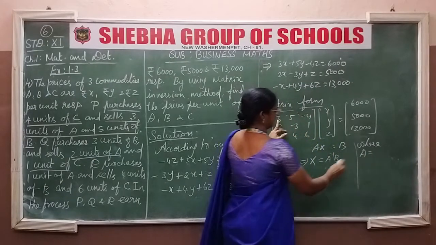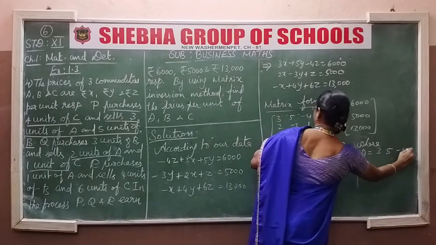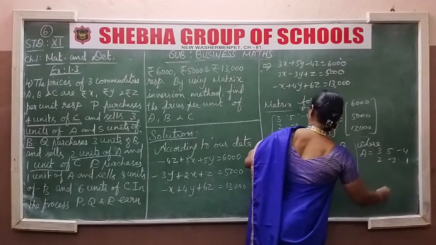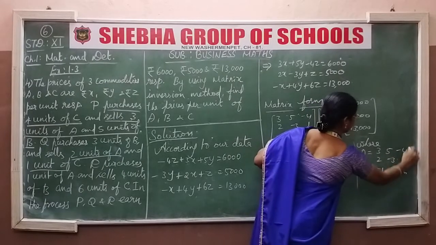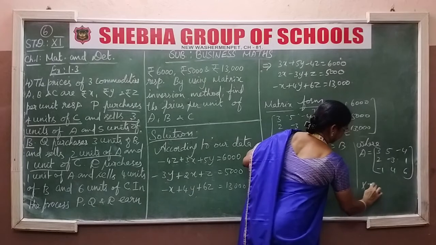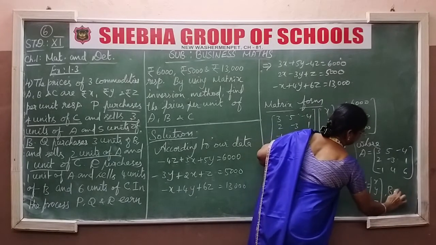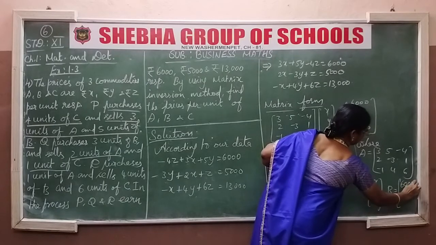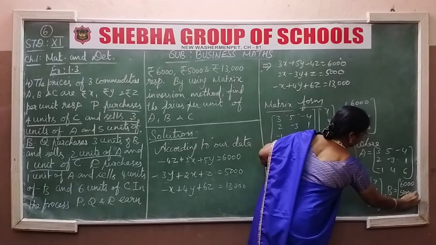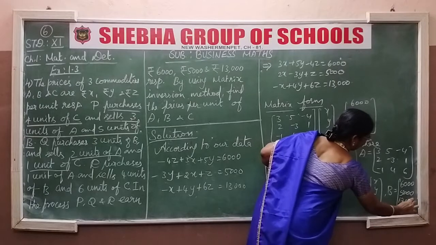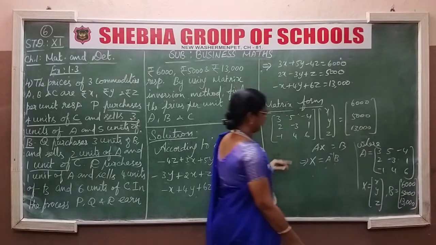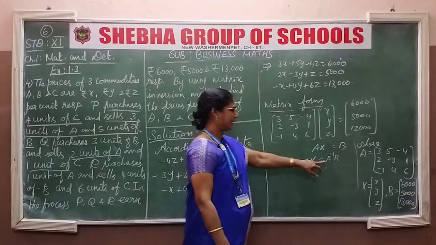Our A is this: 3 5 minus 4, 2 minus 3 1, minus 1 4 6. And x is x, y, z, and B is 6,000, 5,000, 13,000. Okay, next you have to find A inverse.